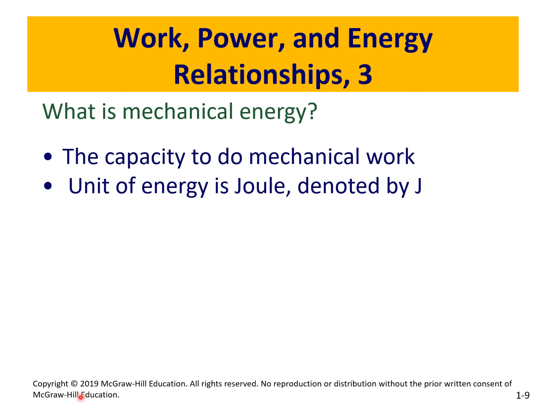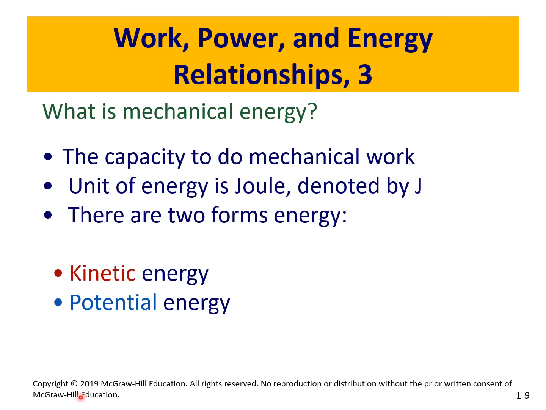So the mechanical energy is the capacity to do mechanical work, and its unit of energy is joules, and it's denoted J. And there are two forms: kinetic energy and potential energy, and we're going to solve together a couple of questions looking at how we can use these two quantities in biomechanics applications.